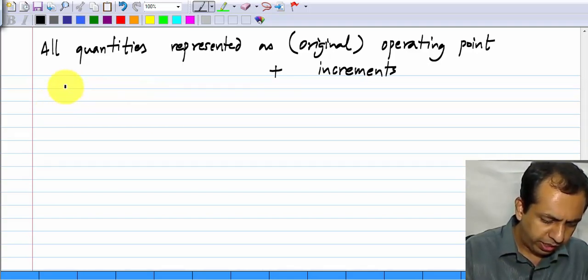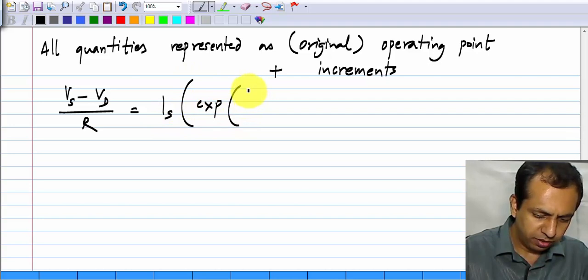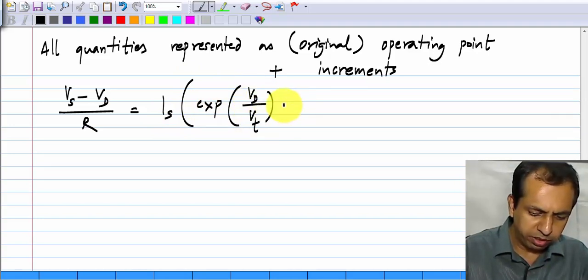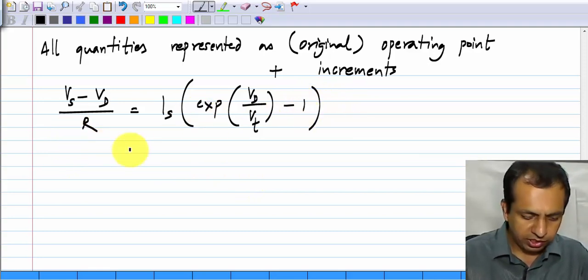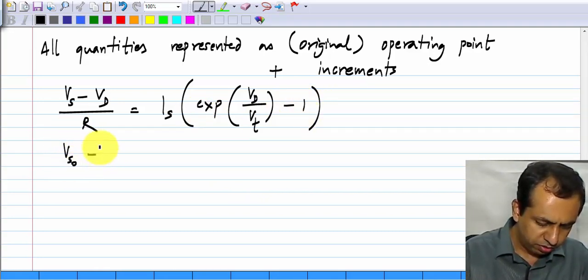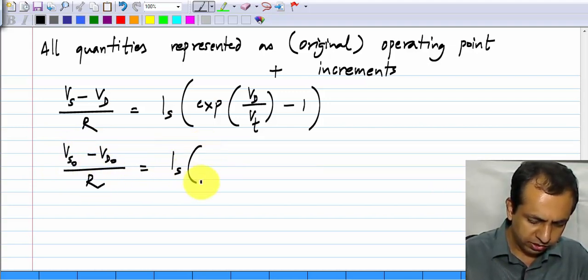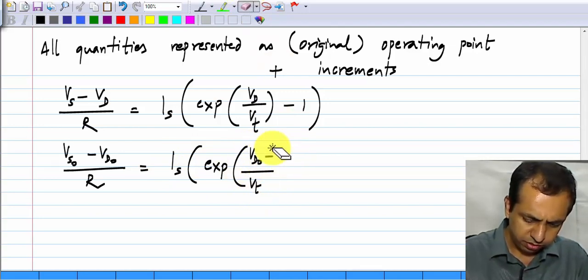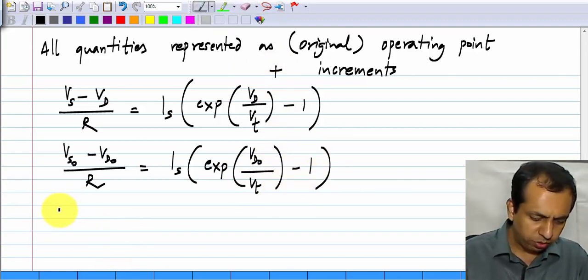So I had (Vs minus Vd) by R equals Is times exponential of Vd by Vt minus 1. The operating point of course satisfies this equation. So (Vs0 minus Vd0) by R equals Is times exponential of Vd0 by Vt minus 1, and the new value also satisfies this.